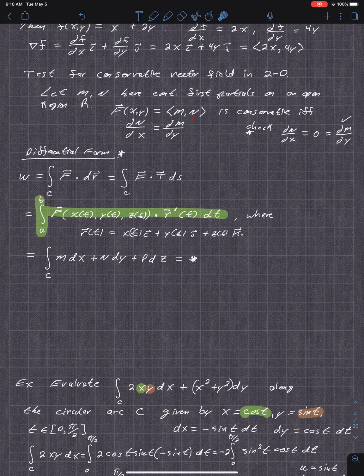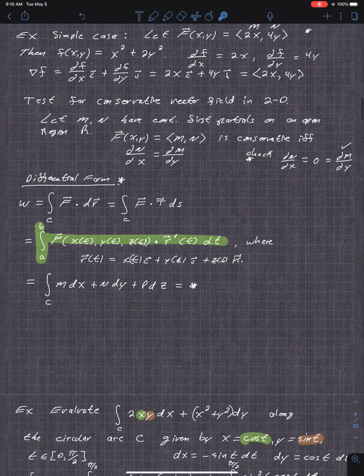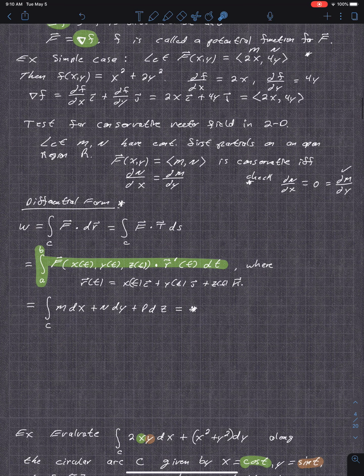So it's N_x equals M_y. If those are equal, then it's conservative. Check the one above on your own and make sure that one works. Okay, and so that one works above. We're going to be using this a bit later, and I'll show you some more examples.